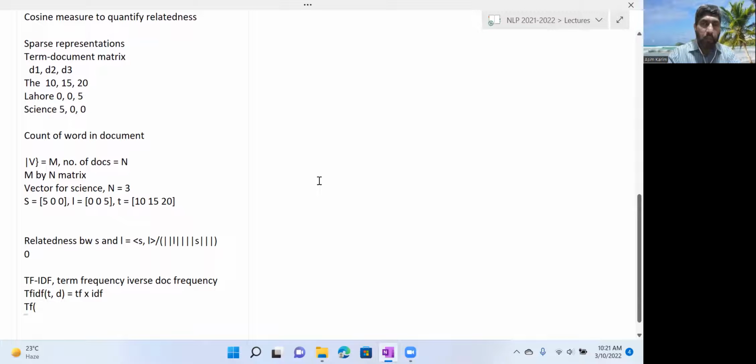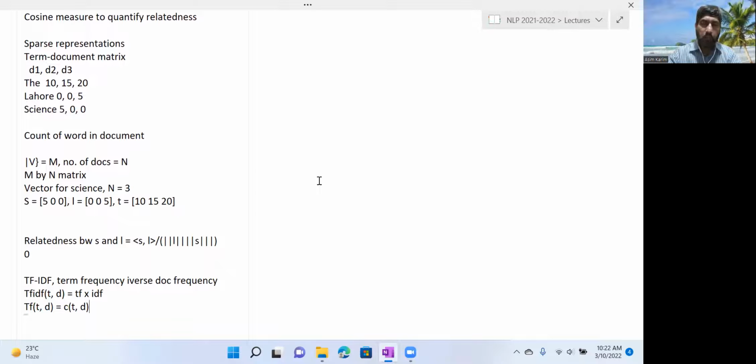TF of term T in document D. Of course, there are a number of ways of computing this. I will mention maybe one or two. Term frequency can simply be the count of the term T in D. But usually, since you may have documents that are long and documents that are short, we would like this count to be normalized.